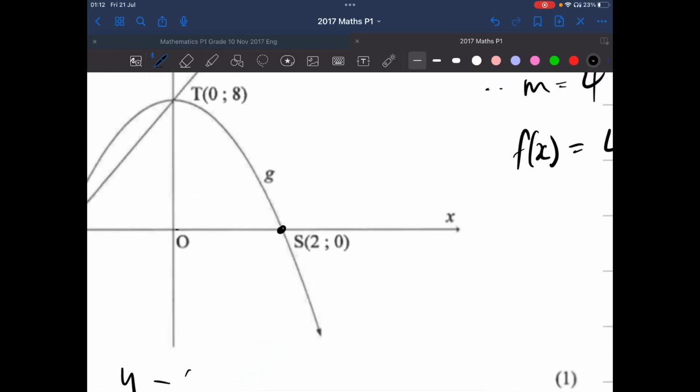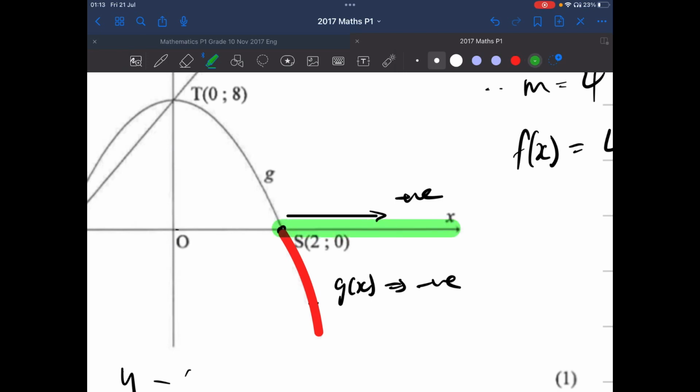Now again here, if I start at S and I move in this direction, my g of x values are going to be getting negative, while my x values are going to be getting positive. So let's think about that. I'm going to highlight this in red again, because we're looking at this part of the graph, and here's my x values.